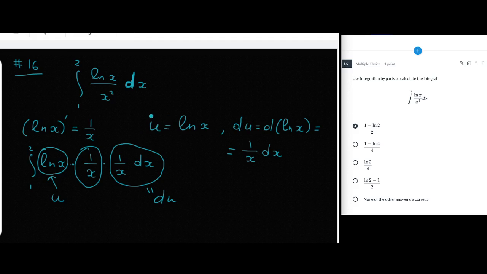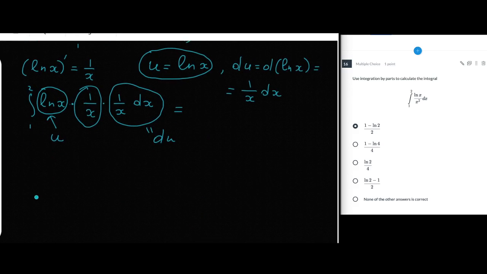Well, we would go back to our relationship between u and x, namely u equals natural log of x, and we would solve this relationship for x. We would then get that x equals e to the power u. And we would then need to go back to our integral and replace x with e to the power u.